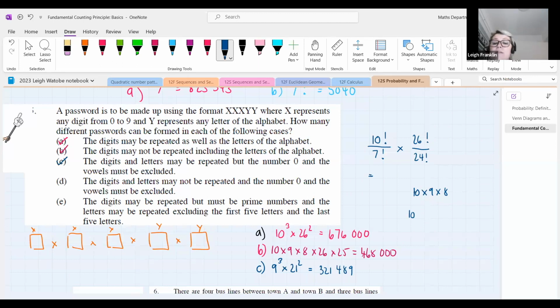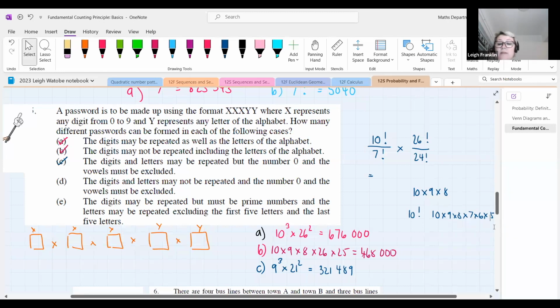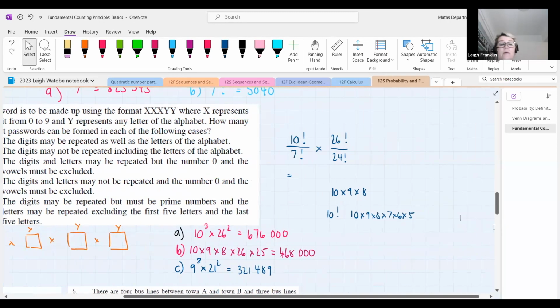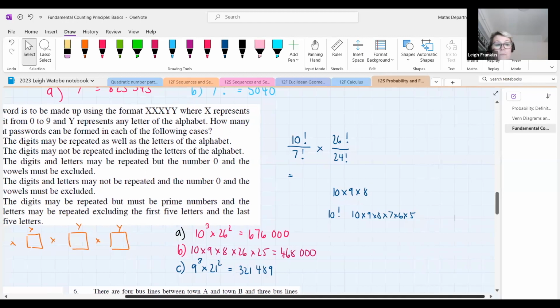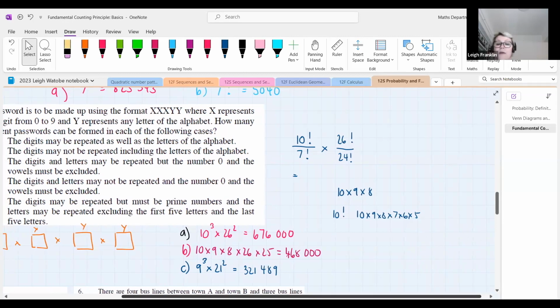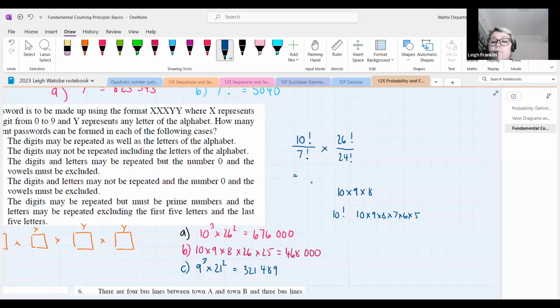When I write 10 factorial, that means 10 by 9 by 8 by 7 by 6 by 5 by 4 by 3 by 2 by 1.